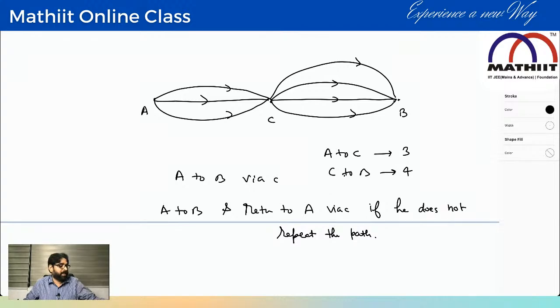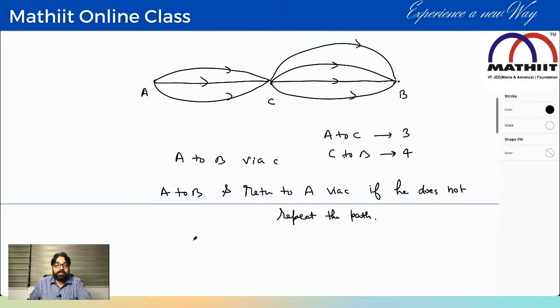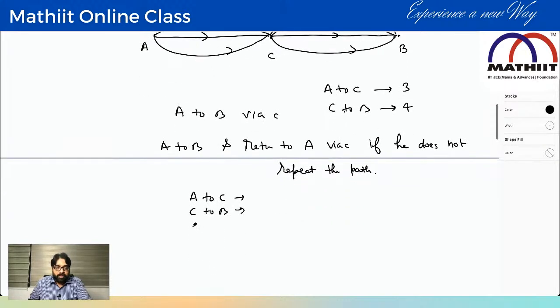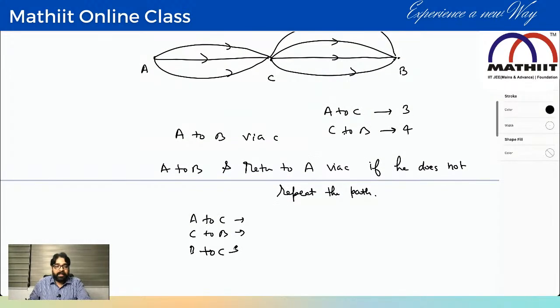Look here. The person has to go A to C. First he will go A to C. Then he will go C to B. Then he will come back B to C, means from here to here. Then he will go C to A. Am I right? Then only the complete journey will be there. A to C, C to B, B to C, and then C to A.